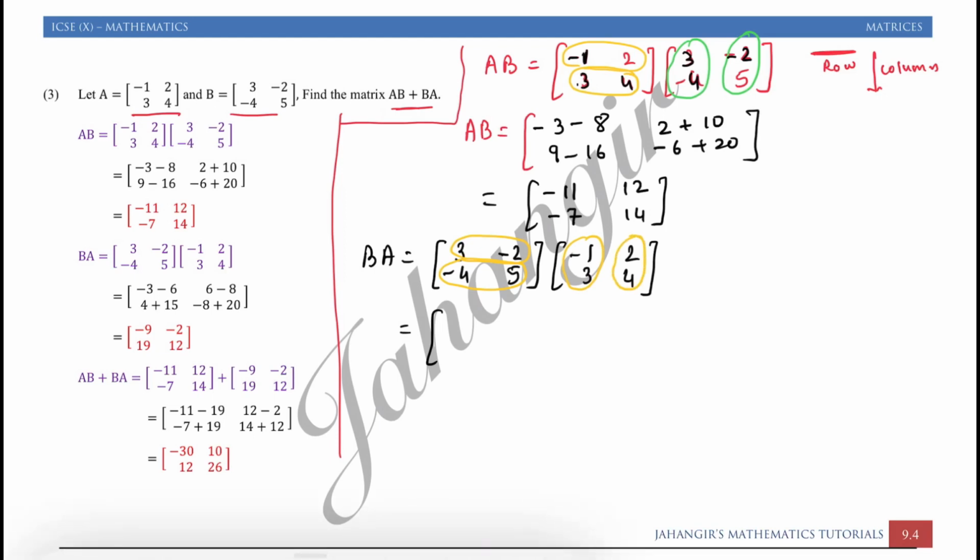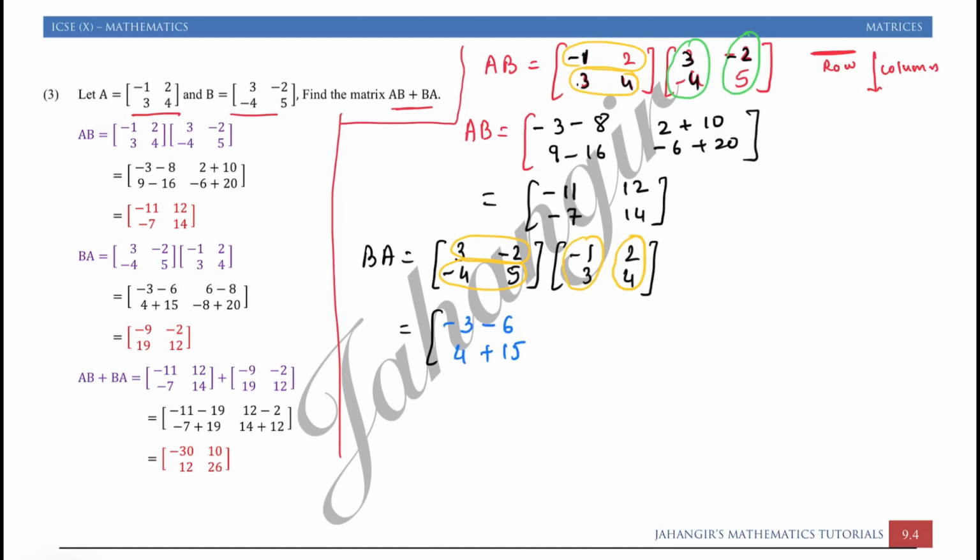Okay, so now let's start. First row, first column is 3 into minus 1, that is minus 3. Minus 2 into plus 3 is minus 6. Okay. Then second row, first column. Minus 4 into minus 1 is 4. Plus 5 threes is 15.